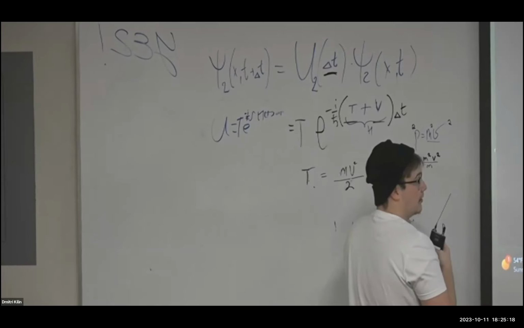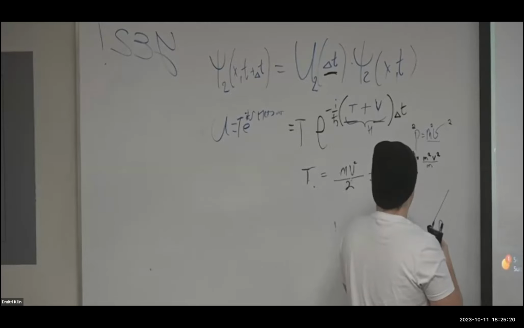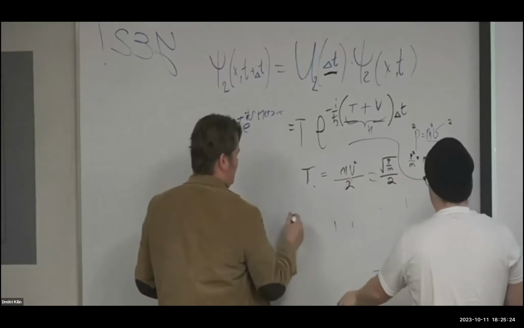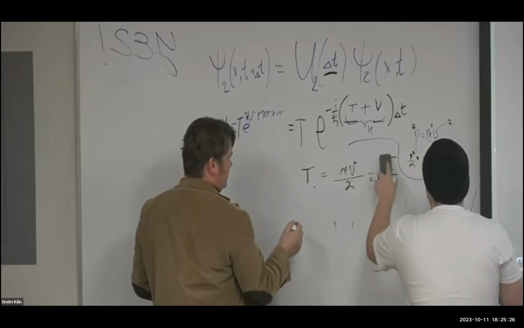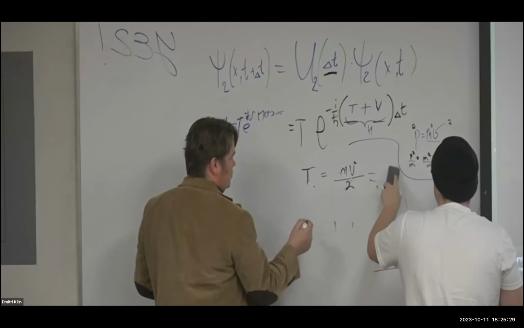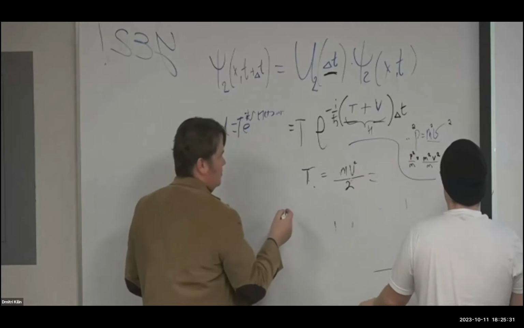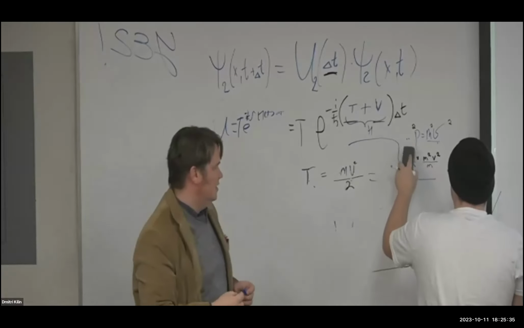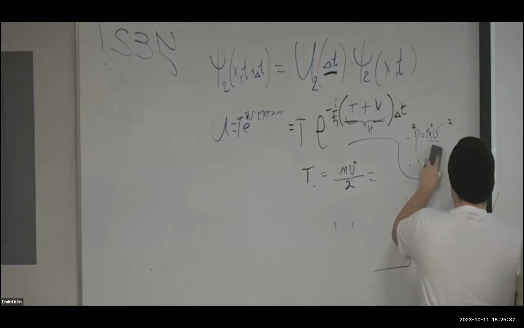Let's try over again. Up to here, you did everything correct. So I'll just get rid of this. Then you can solve for v squared and then plug it in. Oh, yeah, you're right.